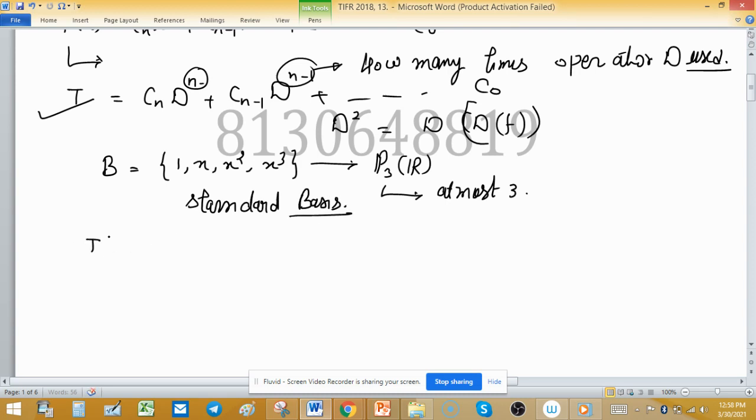So T sends the image of f as f(t+1) and D sends the image of f as f prime of t. Here t is the parameter or variable.